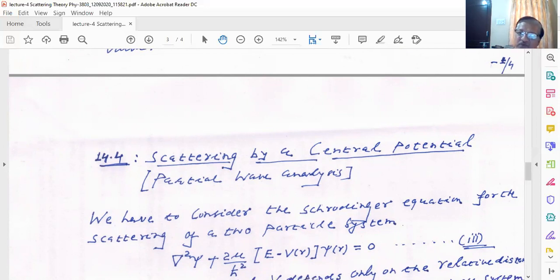We have an S wave, which is characterized by its orbital quantum number L equal to 0. We have a P wave, which is characterized by its orbital quantum number L equal to 1. And you have to find out the scattering analysis of the S wave, P wave, and D wave to understand low energy scattering as well as high energy scattering.